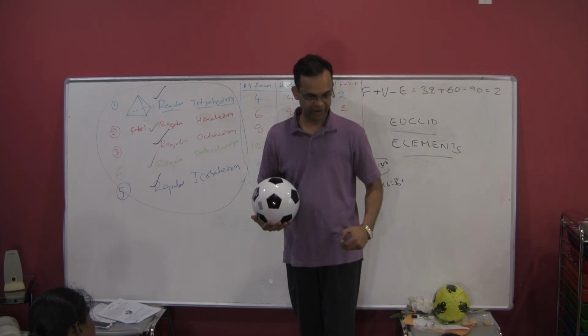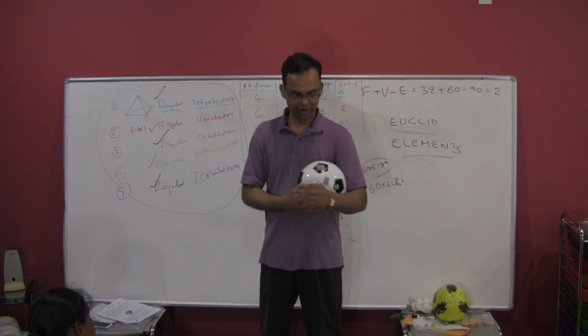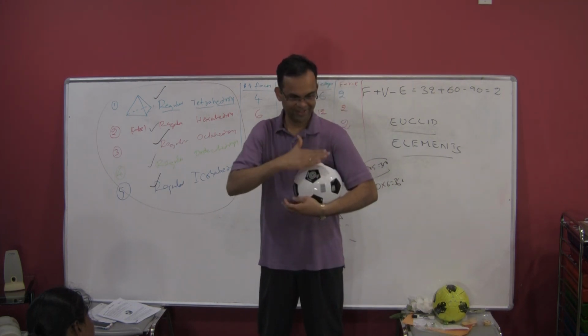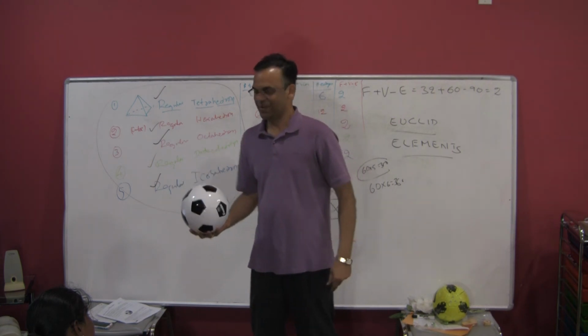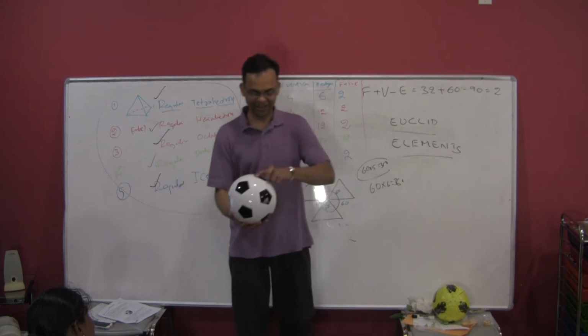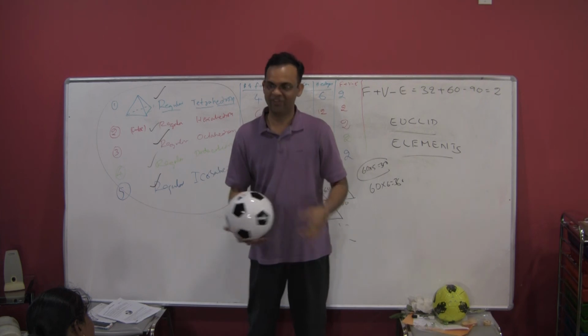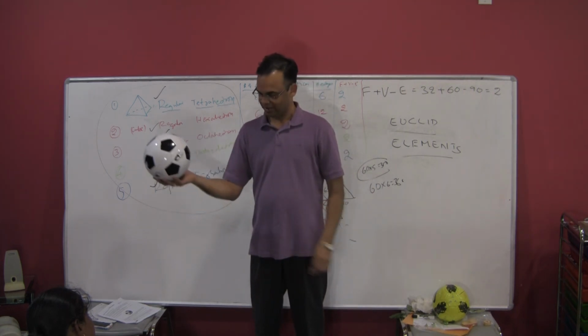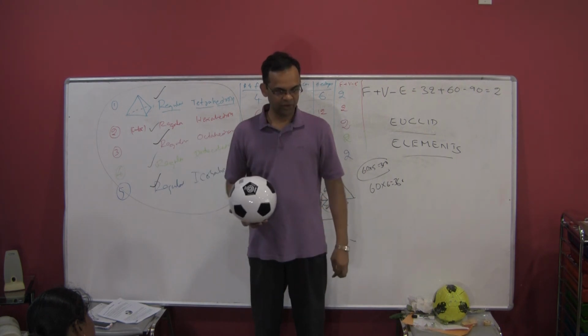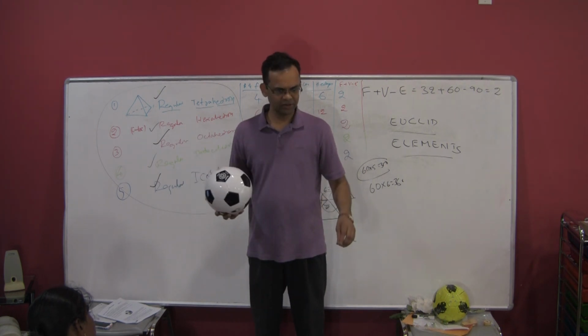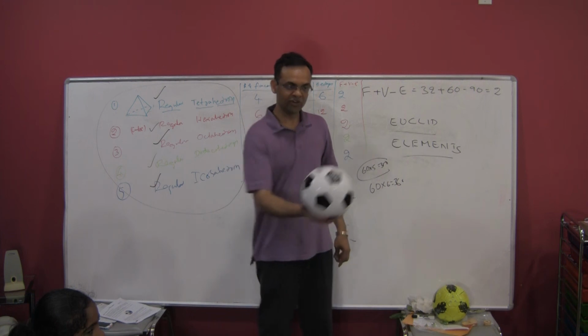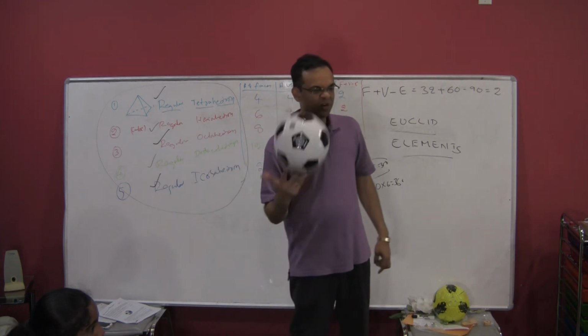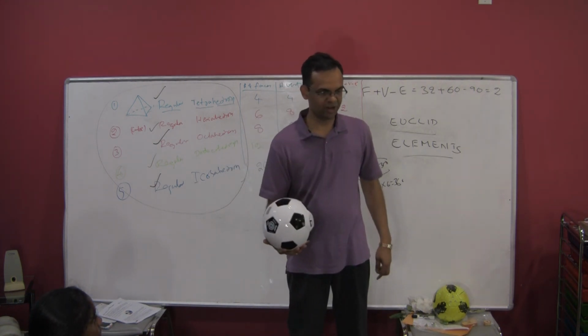That's how footballs are made. Do you think so? They'll probably make it with this and make cuts like this. No, they don't make it like that. Mathematically you can get that, but they actually stitch it together in a factory. But mathematically speaking, next time, do any of you play soccer? You play soccer, right? When you go for a soccer game, ask your friends, do you know what is the shape of this soccer ball?